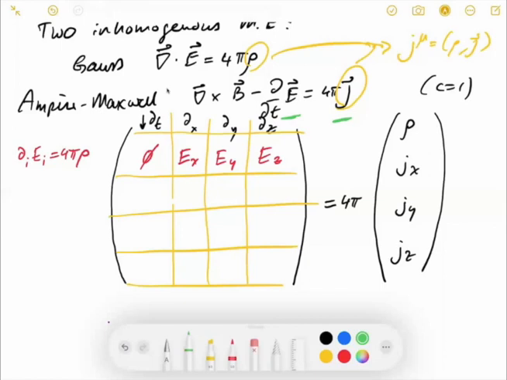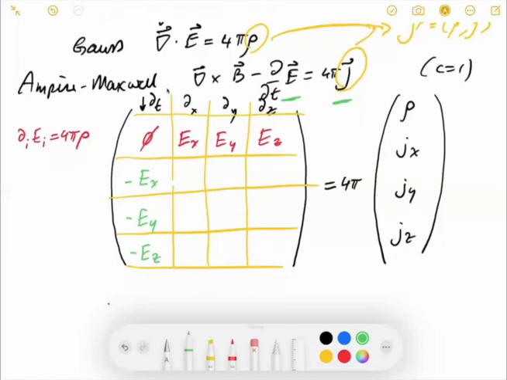So the time derivative in this column is going to give you a minus EX. And then the y component is a minus EY. And then there's a minus EZ. Okay, so that's the time component.